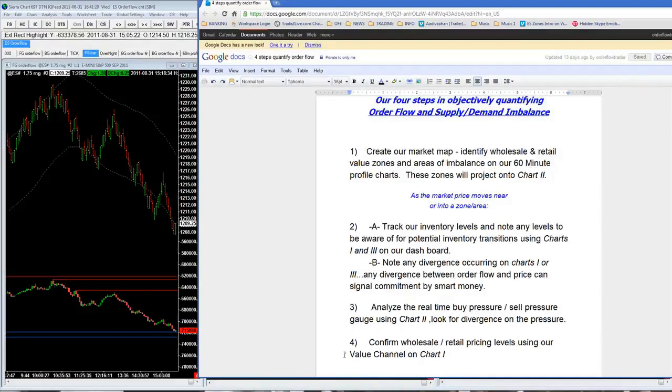Step 4 is really just an extra visual confirmation. We talked about this before. Just confirming that we are at wholesale or retail pricing levels at or near, or if we're not, just to be aware of it, because it might cause you to manage your trade a little bit differently. But that's an additional filter. You could wait for just pure wholesale pricing all the time.